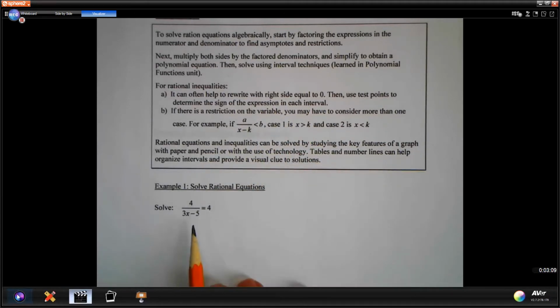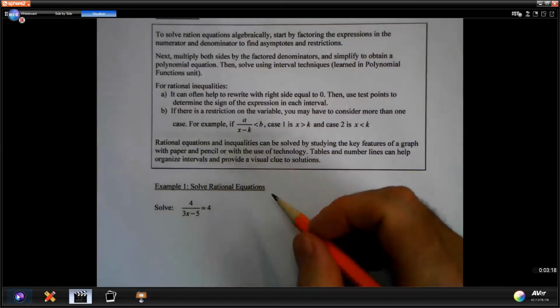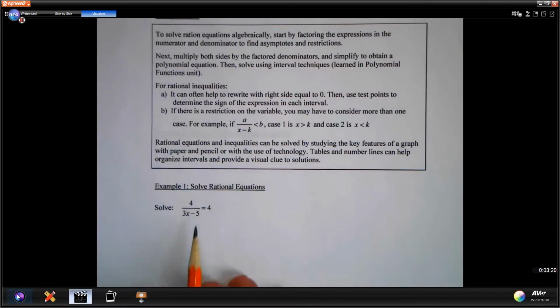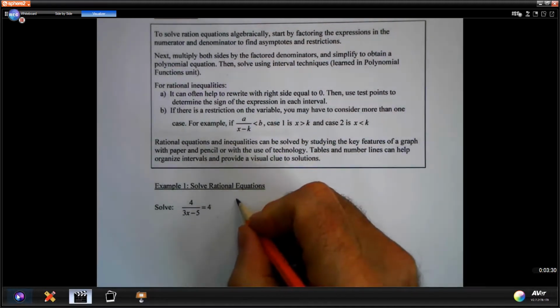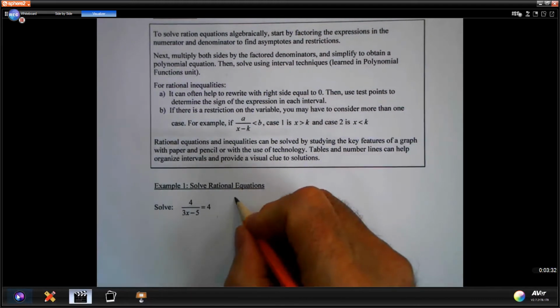So we have a rational expression: 4 over 3x minus 5 equals 4. The first thing we're going to do is rearrange it. When I have a term equals another term, I can just subtract one term from both sides to get a 0. So I'm going to subtract the 4 from both sides.